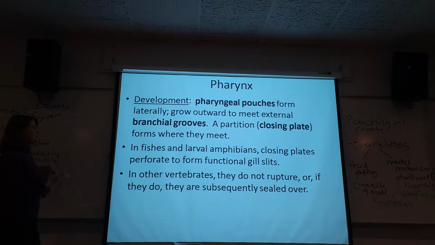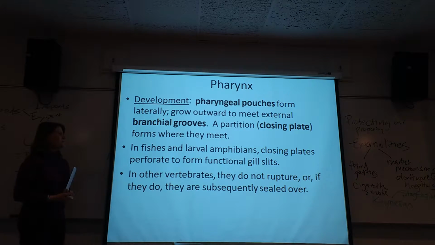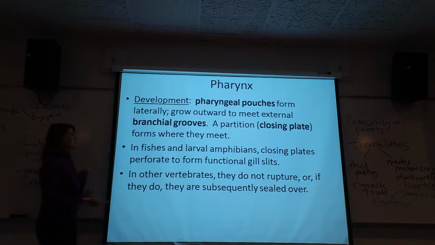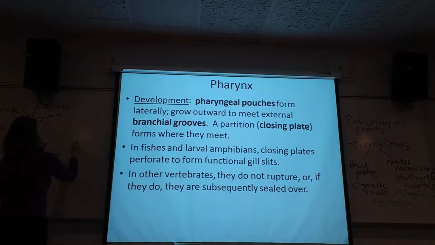And they grow outward to meet external openings called the branchial grooves. So the branchial grooves, they're actually not openings until they meet, but they're in-pocketings from the outside. So the branchial grooves are basically moving in this way while the pharyngeal pouches are moving this way, and then eventually they're going to meet in the middle and there's going to be this open gill slit.